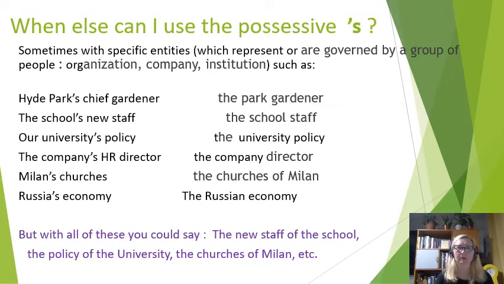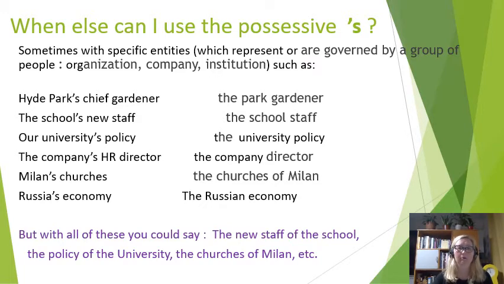Sometimes with specific entities that are governed by a group of people or sort of represent a group of people, and this is a bit abstract. I'm not going to hold this down to an absolute rule, but as a general rule, this does make sense. So, for example, Hyde Park or the park, you could say with apostrophe S, that would be fine. Or you could even say the park gardener, as a general compound noun.